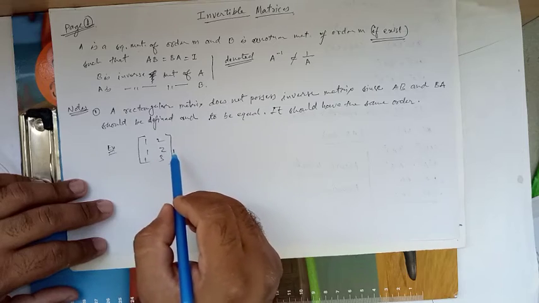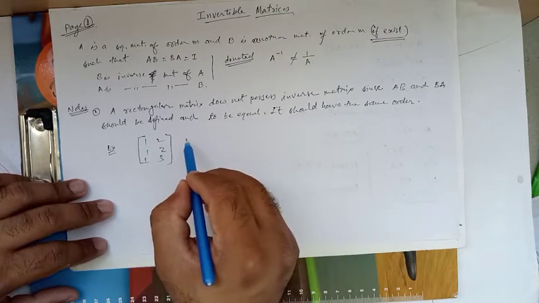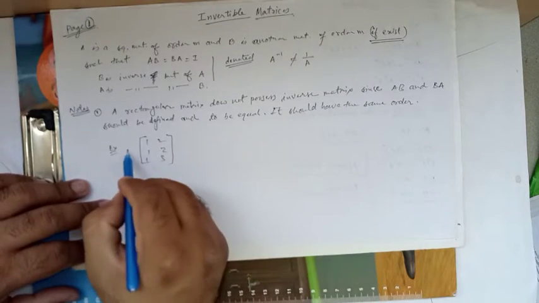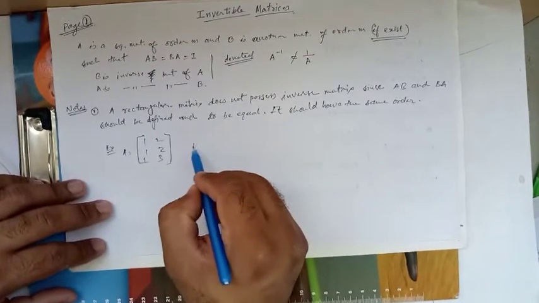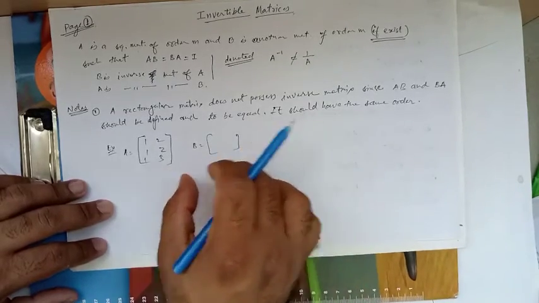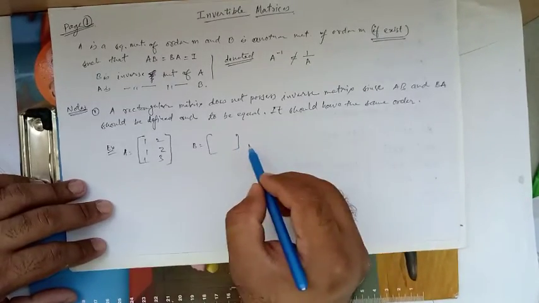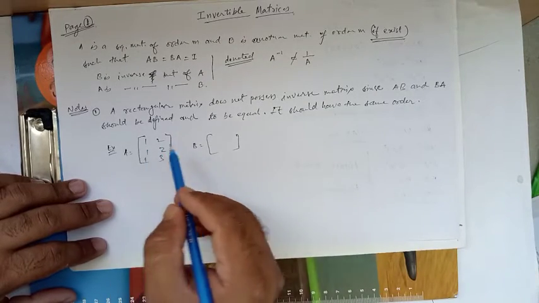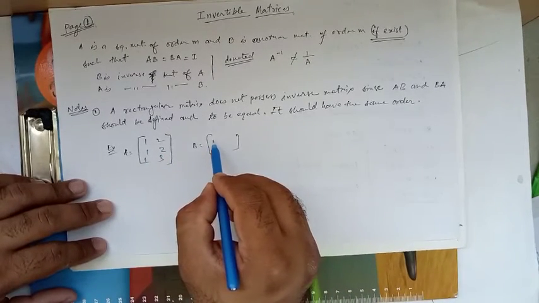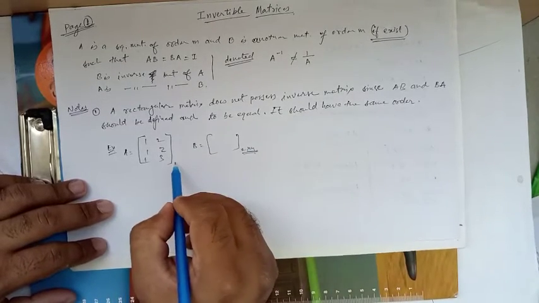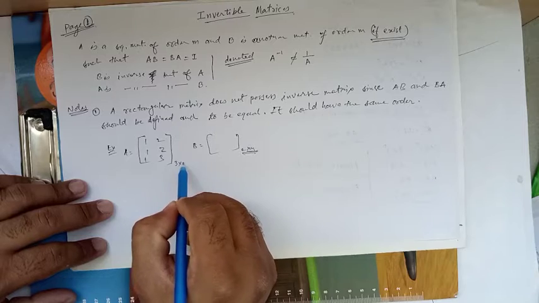Let us assume this is matrix A and we are looking for a matrix B, and we are multiplying. It should have 2 rows, so 2 by n, you can take, and this is 3 by 2.